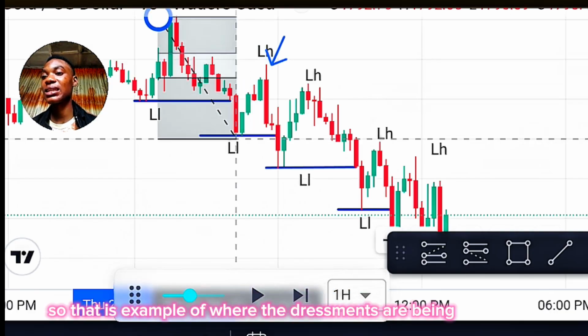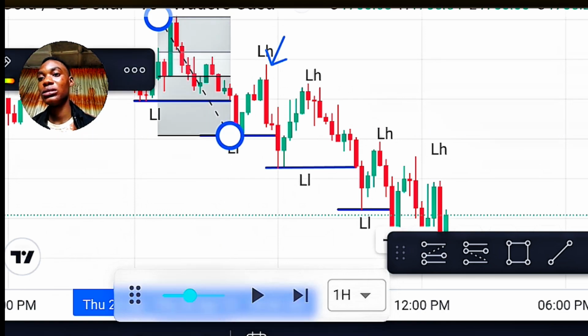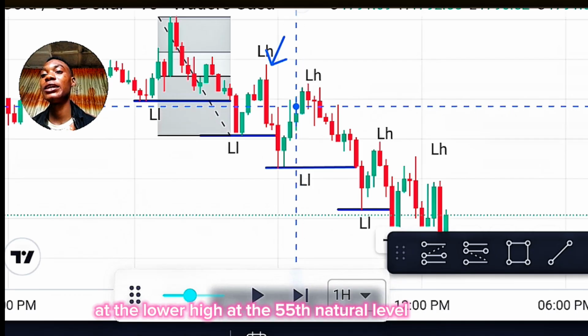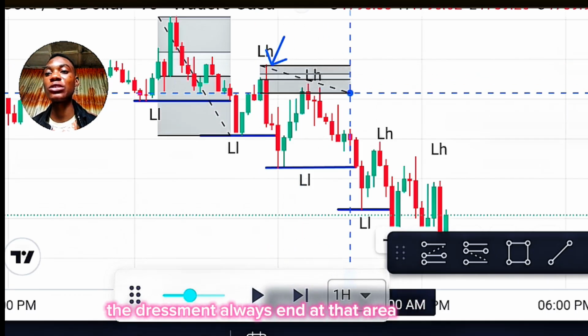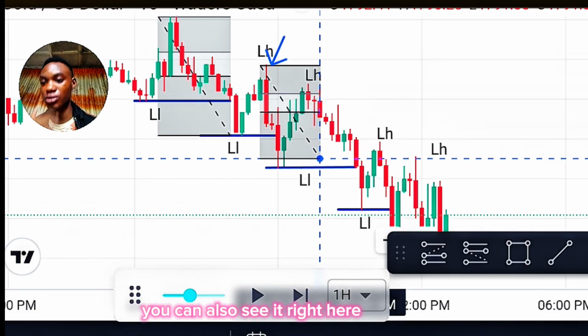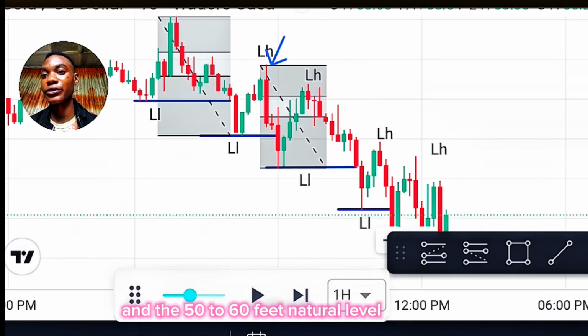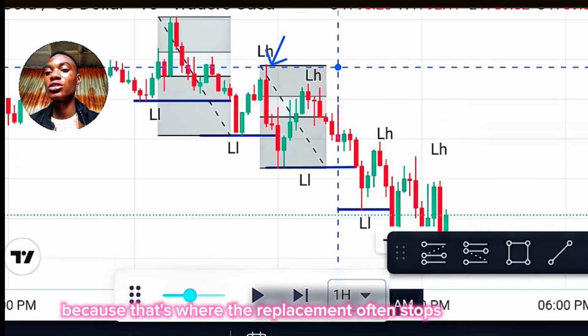So that is an example of where retracements often stop, at the 50 Fibonacci level. You understand? Retracement always ends at that area. You can also see it right here. At the 50 to 60 Fibonacci level, you can get in, because that's where the retracement often stops.